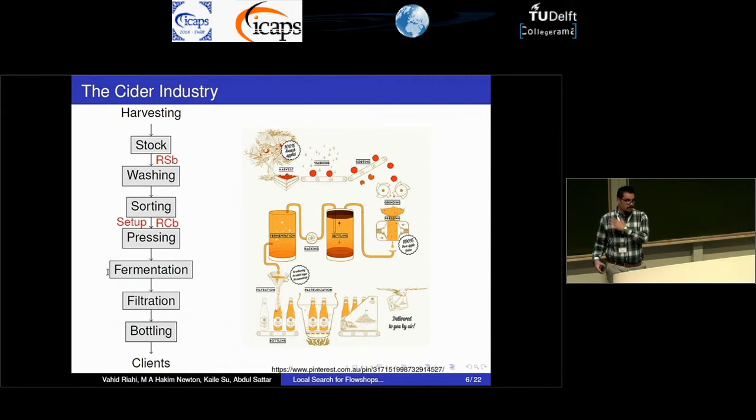First of all, the cider industry has a flowshop layout. In addition, we saw that we have a mix of blocking between different back-to-back machines, and we have setup time as well. Not only do we have blocking, but we also have setup time.